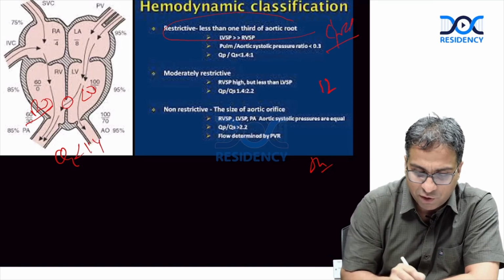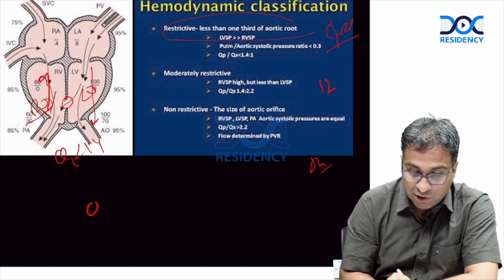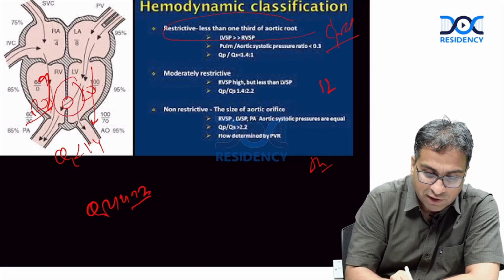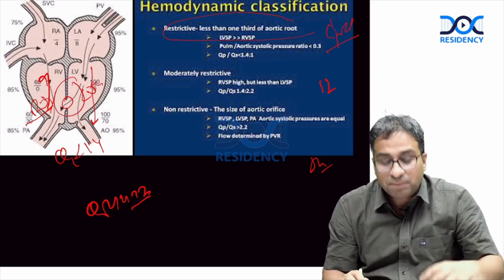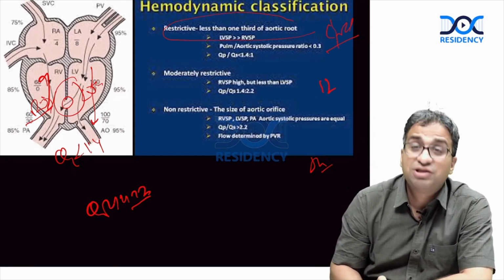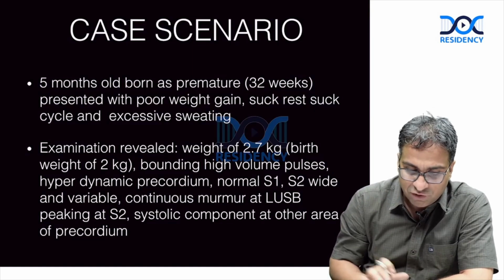QP:QS is less than 1.4. In the moderate, RV pressures are high, but still less than LV, but the QP:QS is 1.4 to 2.2. And non-restrictive, when the pressures become equal, the murmur becomes short, but the PA pressure will be high and the QP:QS is more than 2.2. That is known as the large. So this is the typical hemodynamic as well as anatomical classification of the VSD.